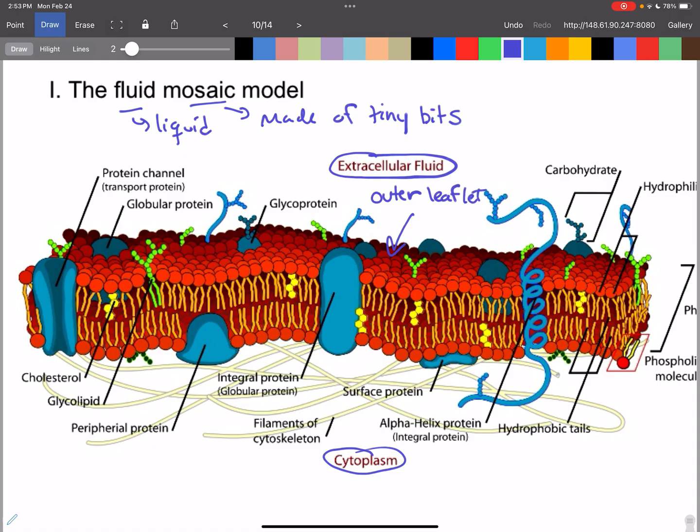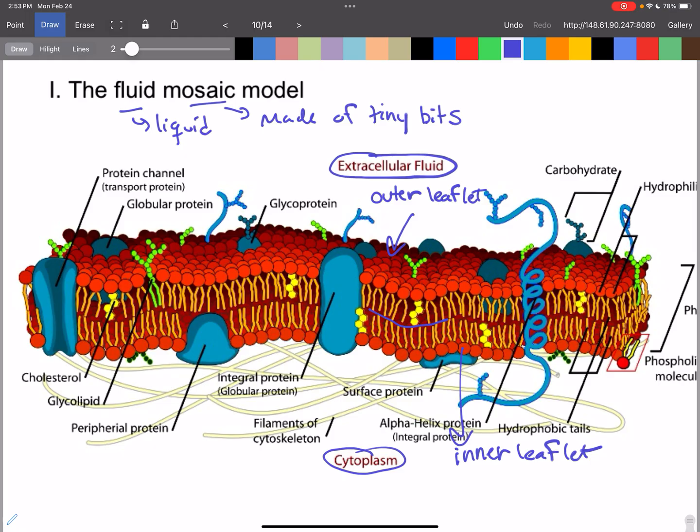Kind of a weird term, leaflet is how we describe that. That includes everything above the sort of center. If you were to rip the bilayer apart, you would end up with two different leaflets, the outer leaflet, and then inside is the inner leaflet. And the inner leaflet is what faces the cytoplasm or interacts with the cytoplasm.